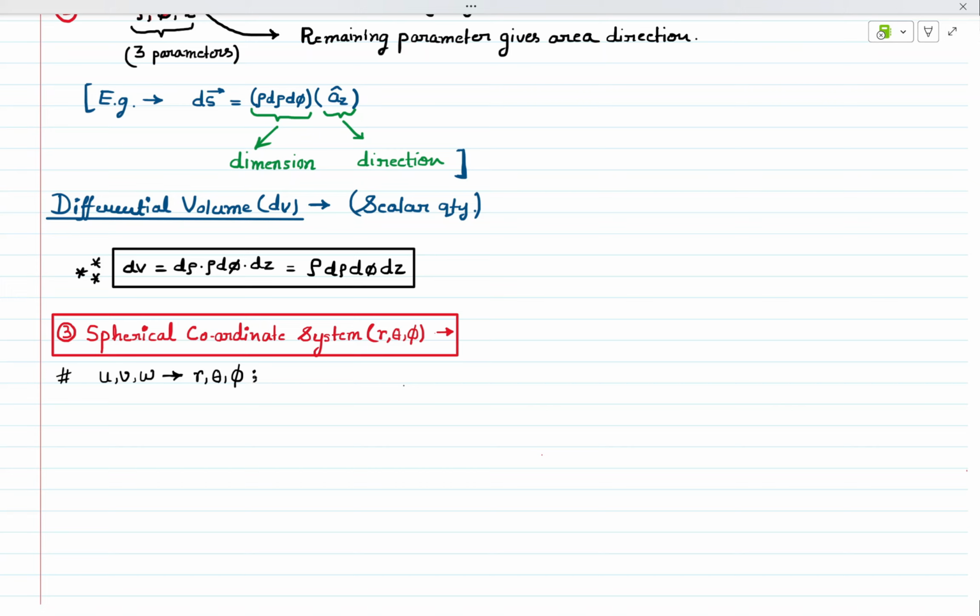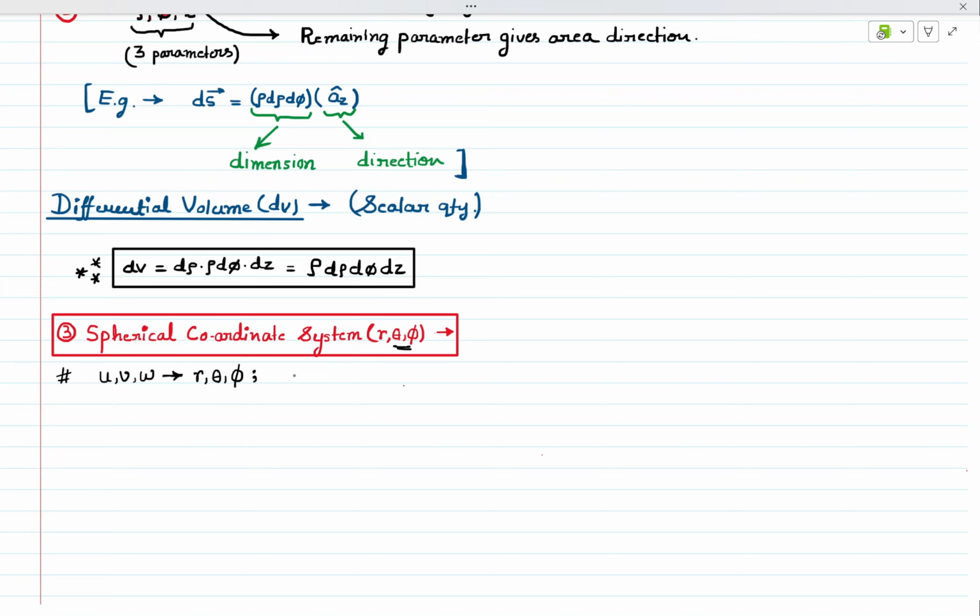Now this r, theta, phi is the same as the parameters written in the bracket over here. You can see in the bracket I have written r, theta, phi.